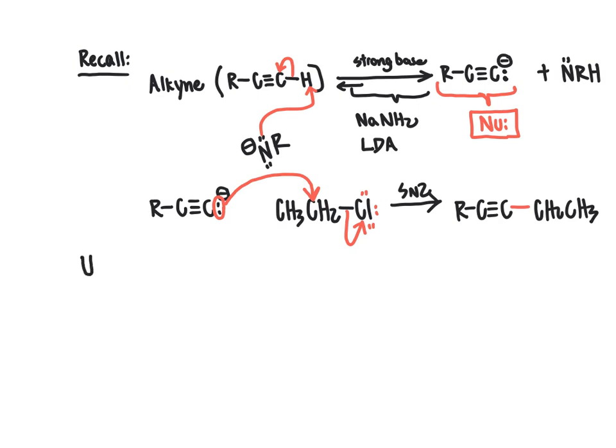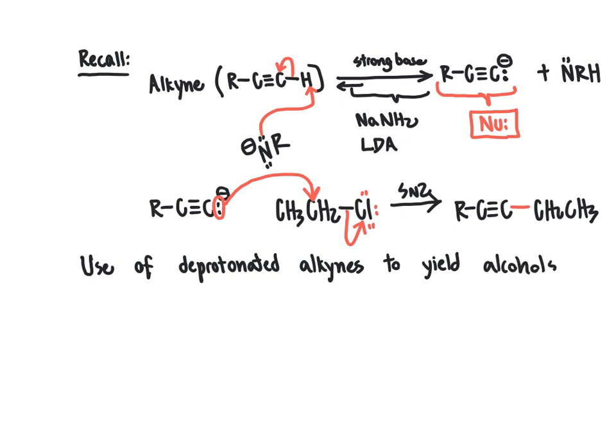We're going to look at the use of deprotonated alkynes to yield alcohols. We'll take our deprotonated alkyne that we created up top, which is just our generic R group bonded to a terminal deprotonated alkyne, like so.